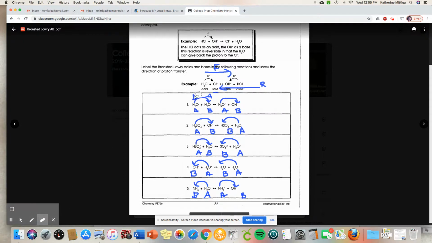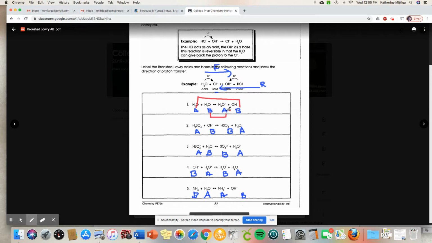So I'm going to get rid of this stuff right now so that we can do conjugate acid-base pairs. The only difference between the acid-base pairs is a proton. So the acid on one side and the base on the other. H2O, OH minus. Those are a conjugate acid-base pair.